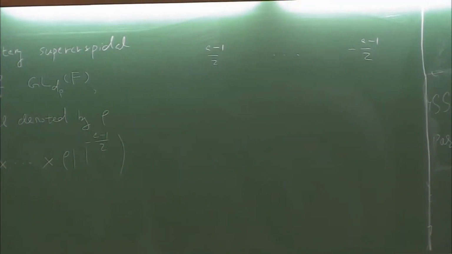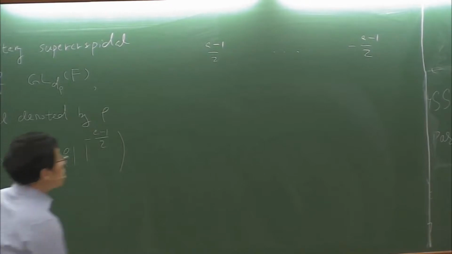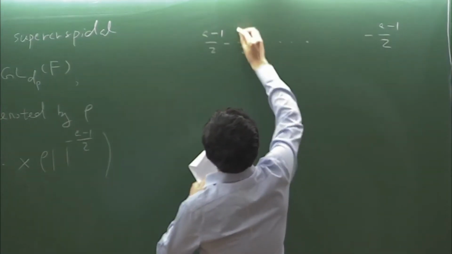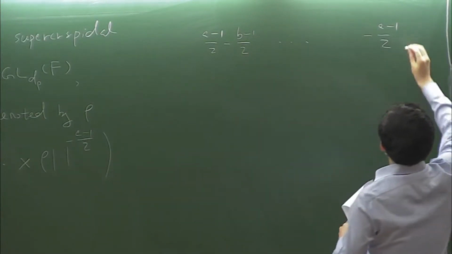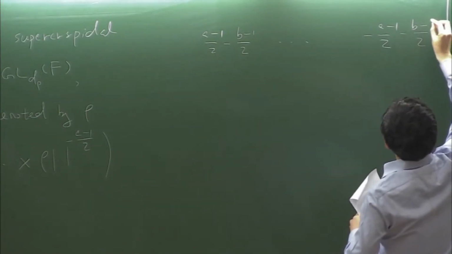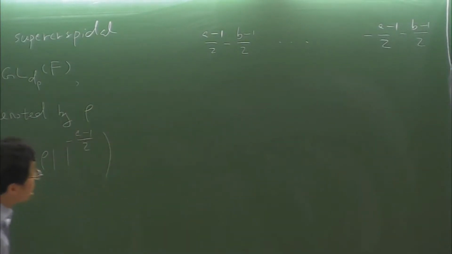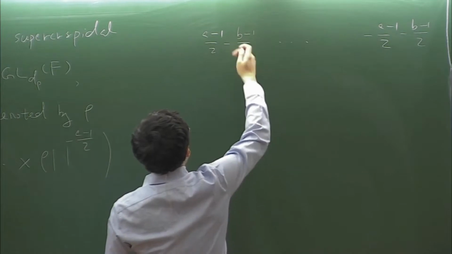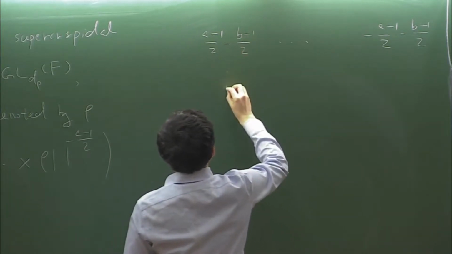Now I'm going to keep twisting the Steinberg representation. Here I'm going to put -(b-1)/2 and so on, and each time you increase this exponent by 1.